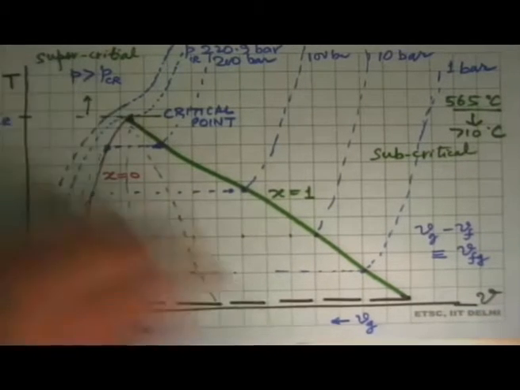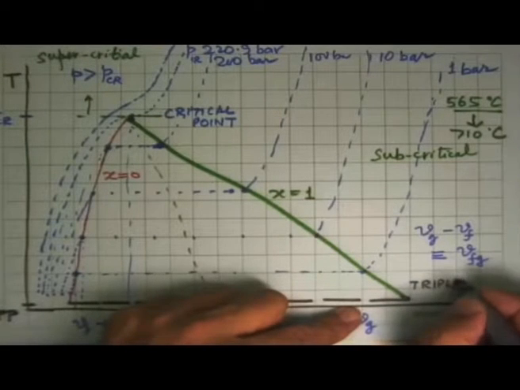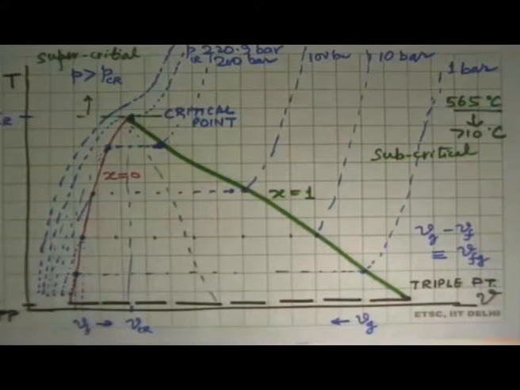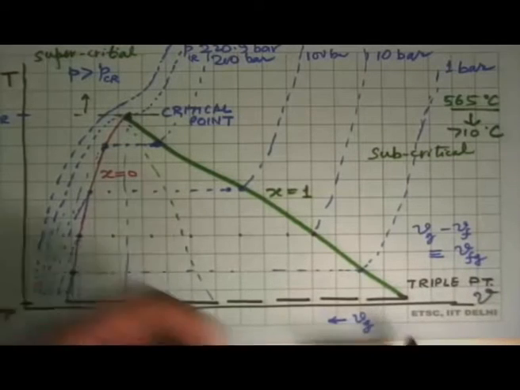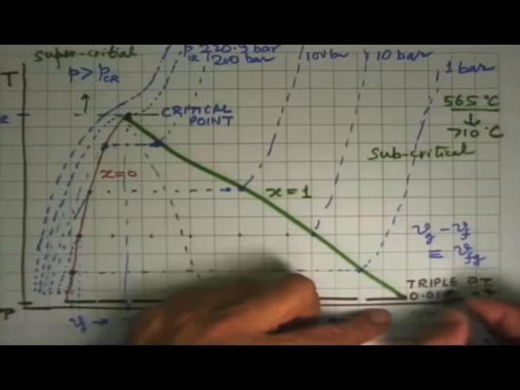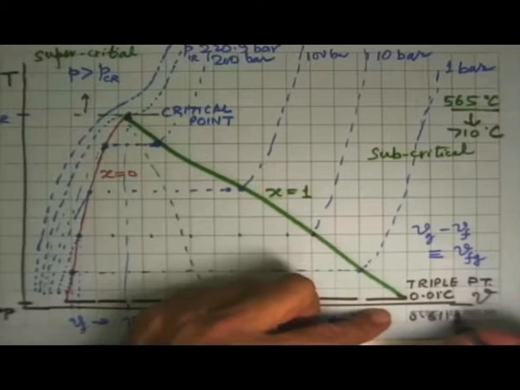Okay, so the critical point on the top, the lower limit of this is triple point. And for water, the triple point again is like a critical point, is a unique value. Triple point for water is 0.01 degrees Celsius. Triple point pressure is 0.6119 kPa. And you can get the specific volume also.